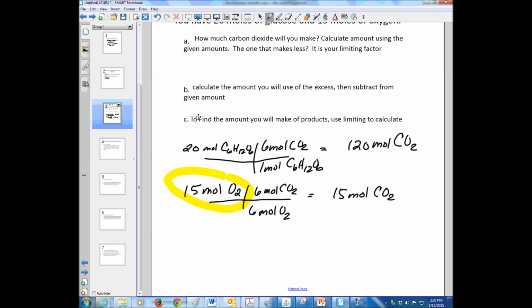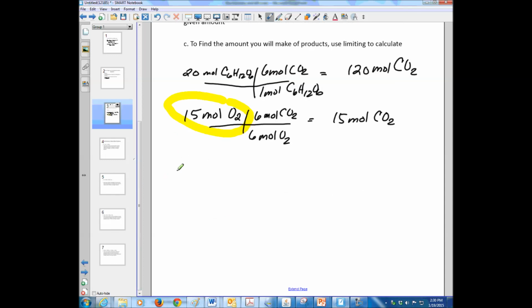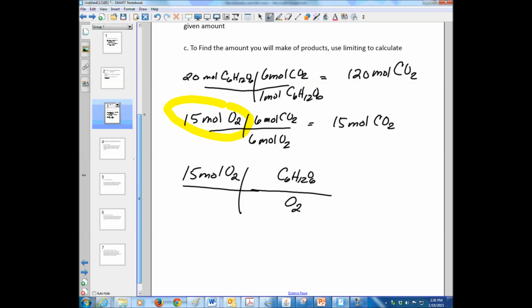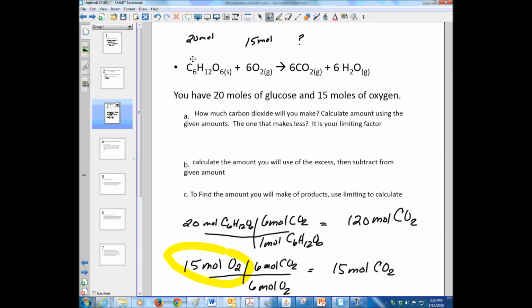All right. Now, the next thing you're going to do is figure out how much of the sugar you are going to use up. The way you do that is you're going to start with moles, 15 moles of oxygen, and you're going to calculate how much sugar, how much glucose, you're going to use up. So we're going to use a ratio of oxygen to sugar, 6:1.